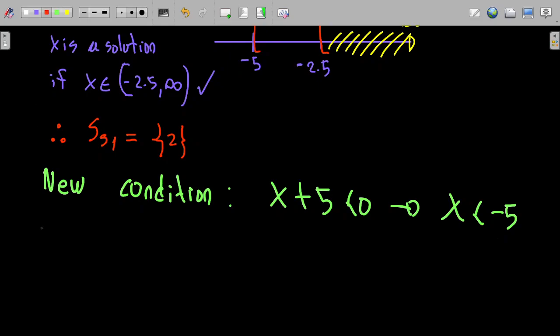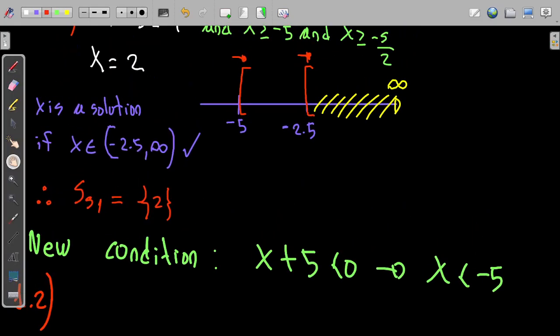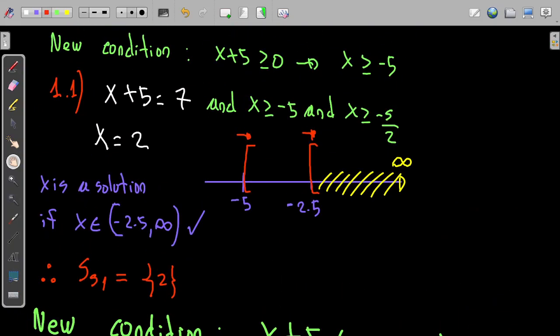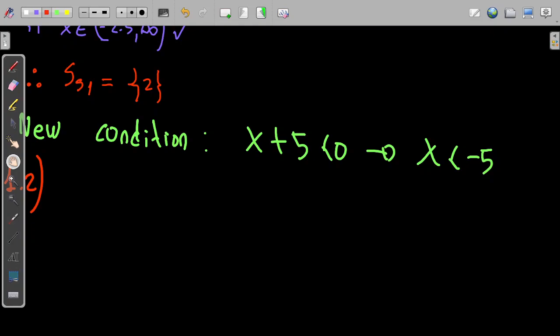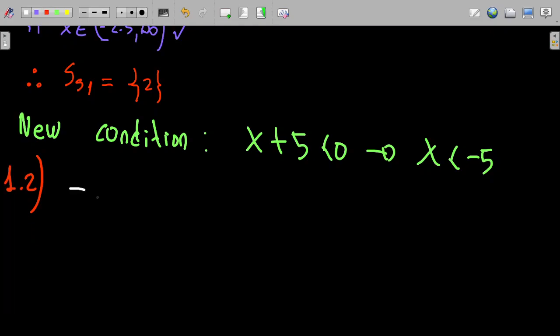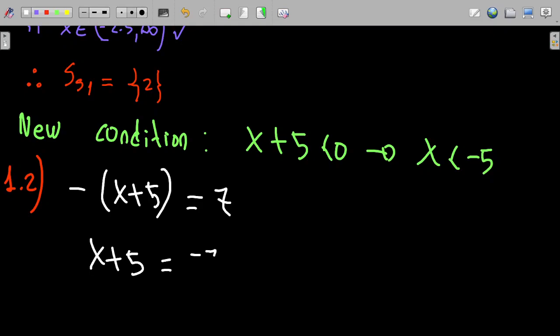Now I can write an equation 1.2 with this new condition. Equation 1.2 is solving the absolute value of x plus 5 but taking the opposite of it. So this is the negative of x plus 5 equals 7, which means x plus 5 equals negative 7, and then easily x equals negative 12.